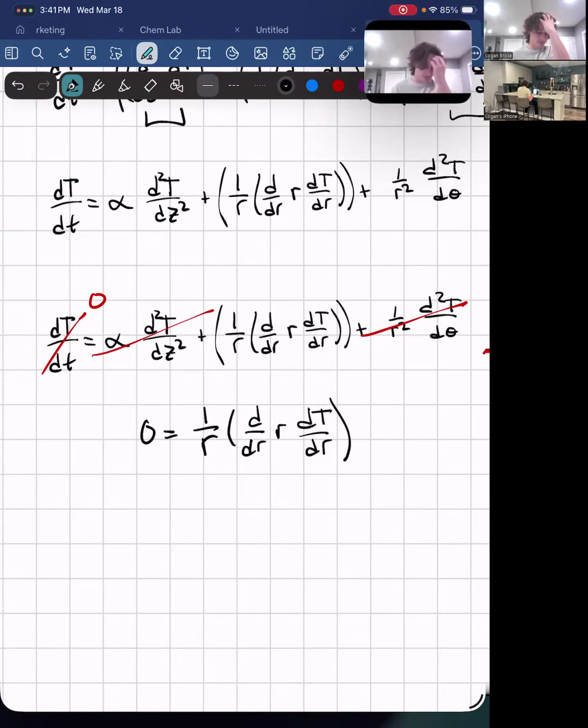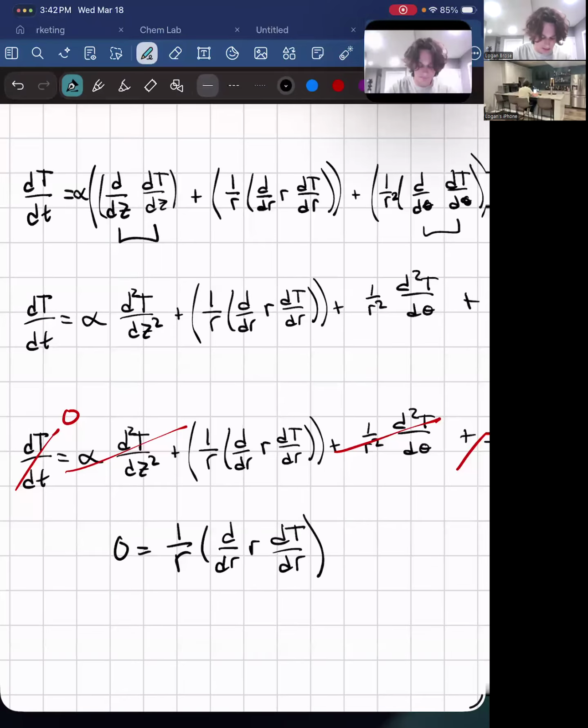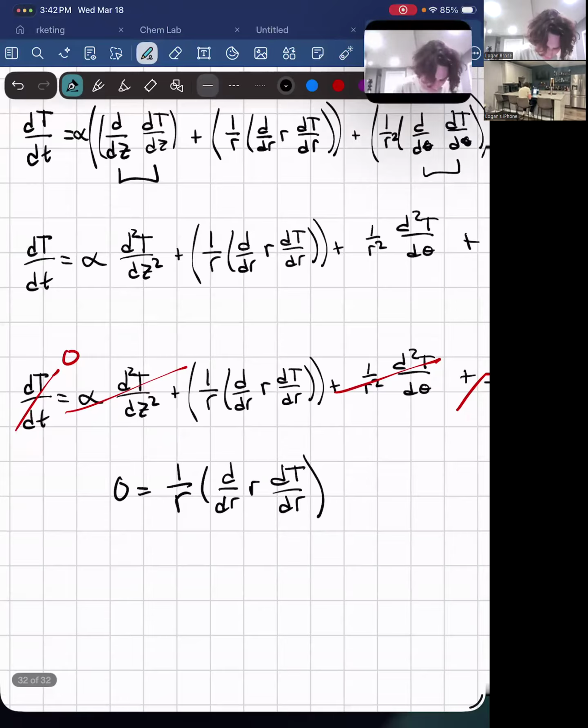Now, when we look at this, we can get rid of this, multiply by r times 0, 0. So 0 equals d dr of r dT dr.